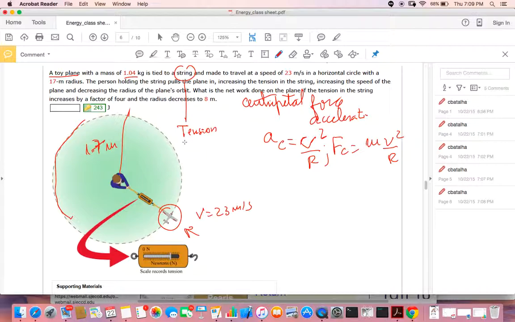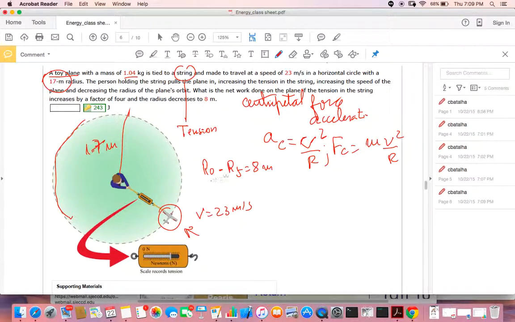What is the net work done on the plane if the tension in the string increases by a factor of 4 and the radius decreases by 8 meters? So the initial radius minus the final radius is 8 meters. The original radius I don't know the value. Oh no, I know the value, 17.